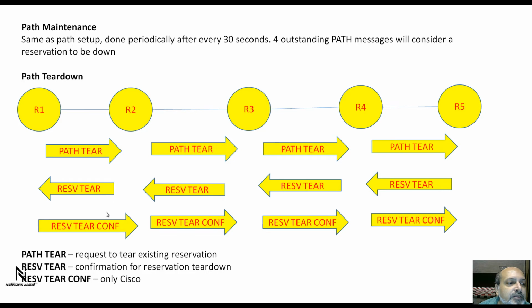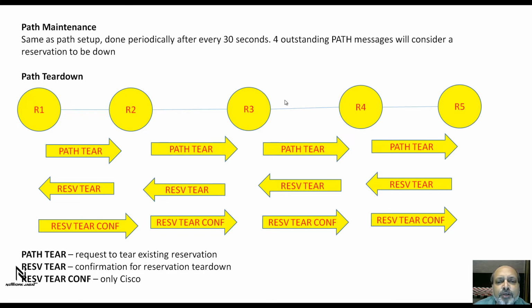Now, how does the path tear down occur? It is done using these 3 messages: path tear, a request to tear the existing reservation; RESV tear, confirmation for reservation tear down; and then RESV tear conf, that is only for Cisco.